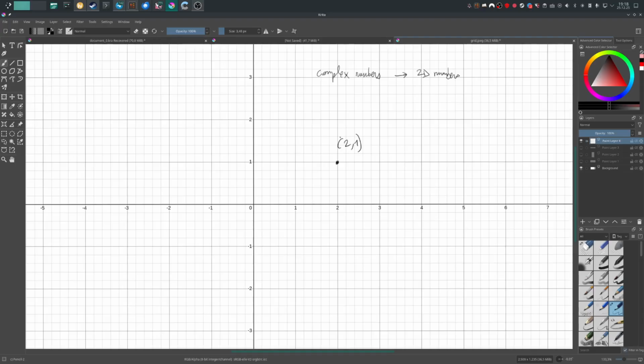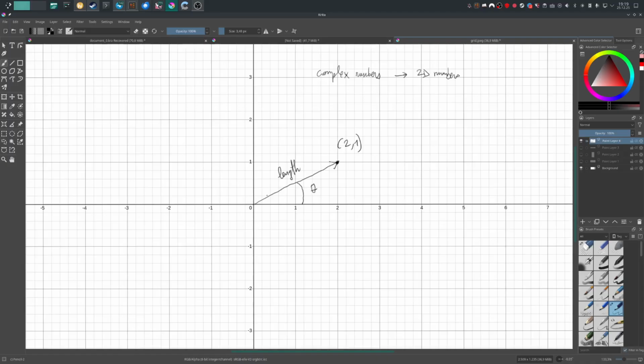But there is another one. What if I see it as an arrow like this that goes from 0 to my point, and I tell how much I have to rotate my arrow from the horizontal line pointing right way, like eastward, and what's the length of it.